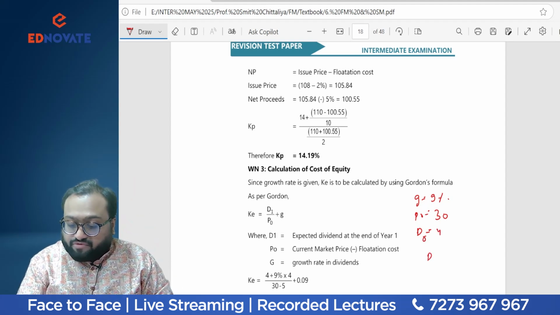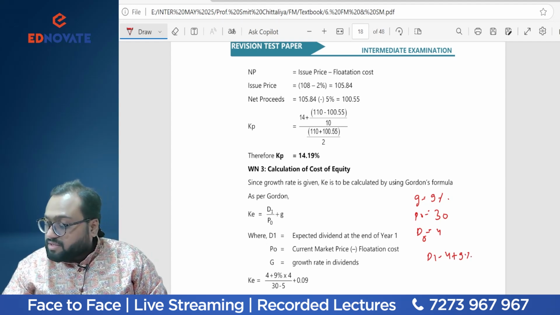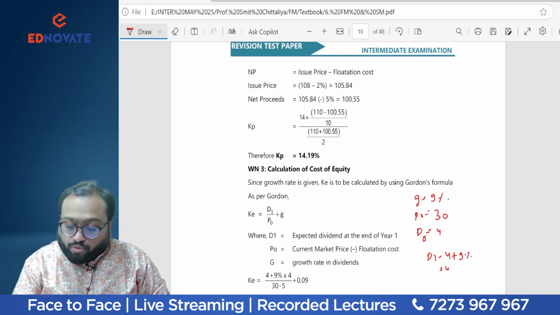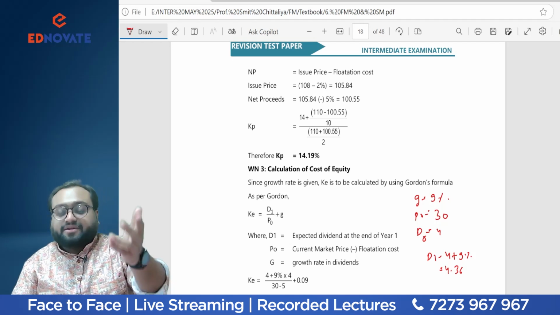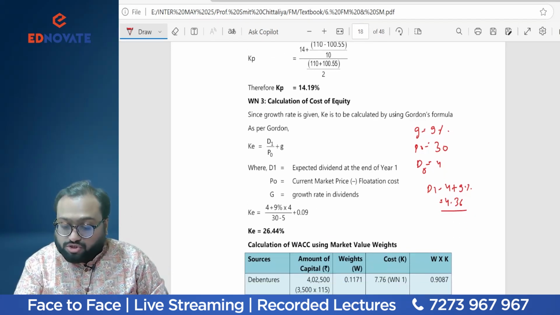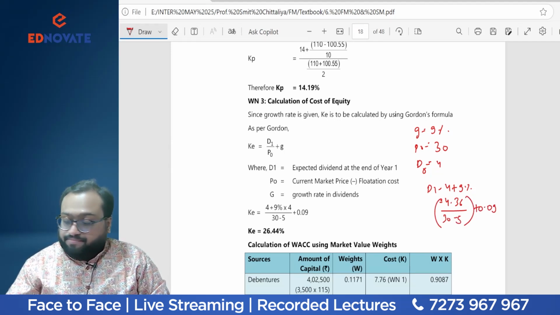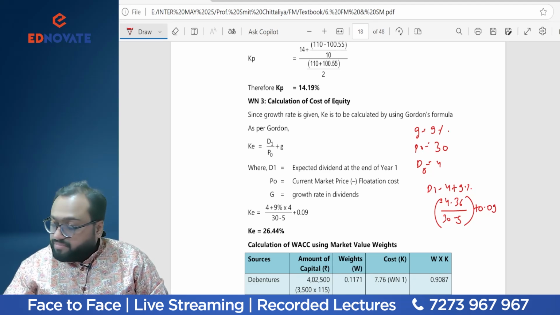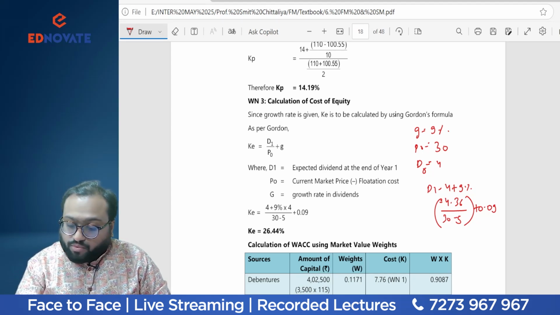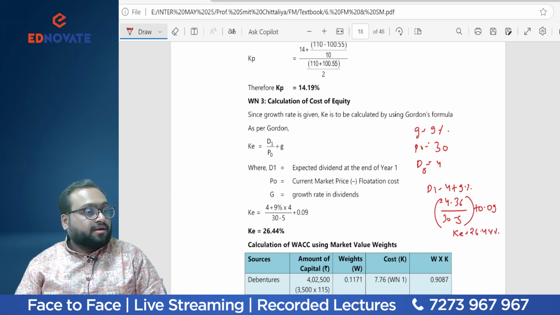So we'll say D1 will be 4 plus 9%. 4 plus 9% will be 4.36, the expected dividend, divided by market price. But there's a 5 rupees flotation cost. So 30 minus 5, and plus growth of 0.09, that is 4.36 divided by 25 plus 0.09, into 100. So you will get 26.44% as your KE. Am I right?